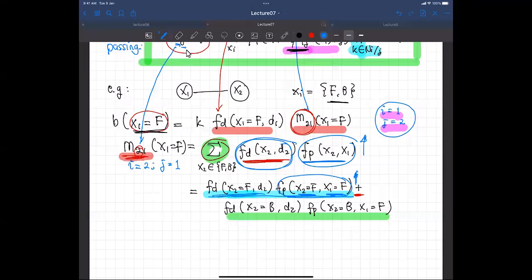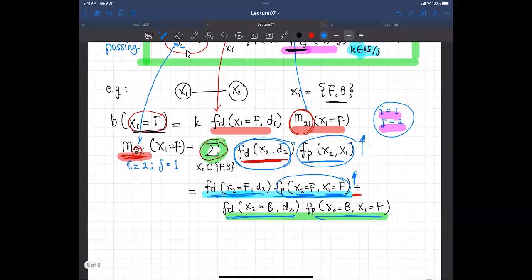So FT of X2 is the internal belief of your friend. How strongly he or she believes in alien, right? So that is FT, and FT here, B is, for example, not believing in alien. So your friend is not believing in alien.